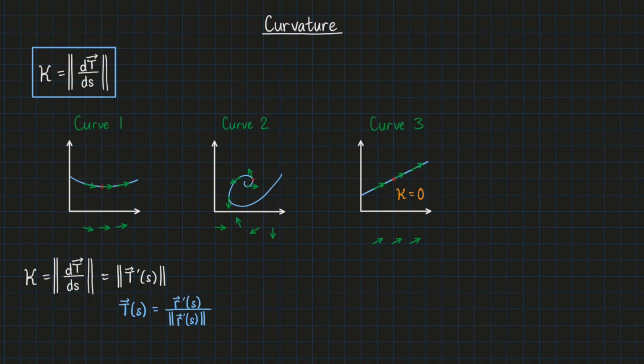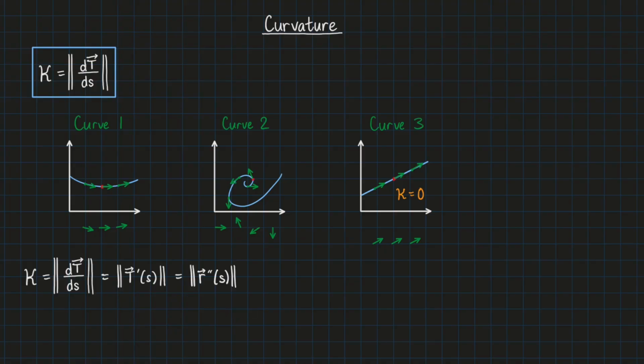In this equation, because s, the arc length, is the parameter for r, the magnitude of r prime of s equals 1. So T of s equals r prime of s. If we take the derivative with respect to s, we'll have T prime of s equals r double prime of s. So we could say that the curvature equals the magnitude of r double prime of s.